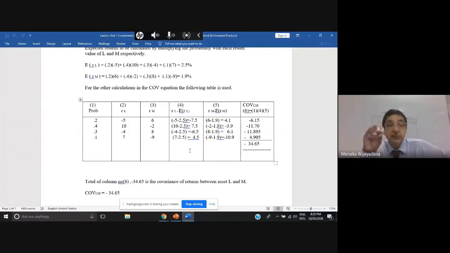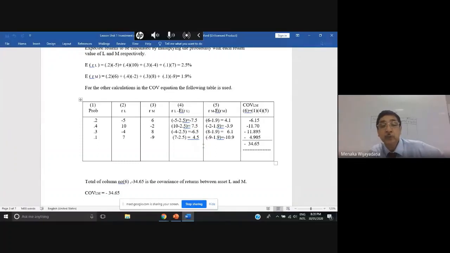How that return differs from the expected rate of return. So that is what we measure in column 4. In column 5, we measure the deviation of asset M, RM minus ERM. So you can see ERM we calculated as 1.9, and there you get in the fifth column, RM is 6 minus 1.9, 4.1.